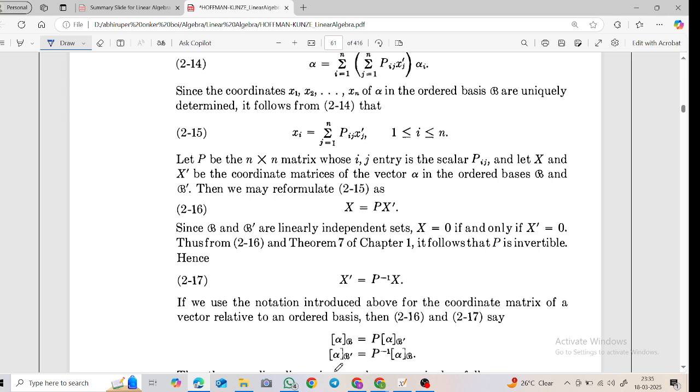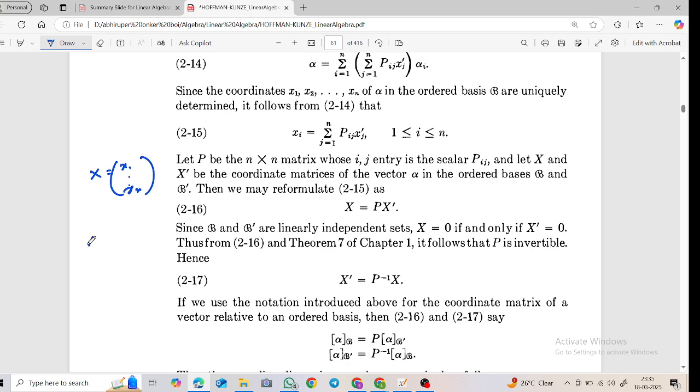So x prime, x and x prime. So basically by x they are writing this, and by x prime they are writing this. Okay. So by this relation, this is clear to you. Okay.